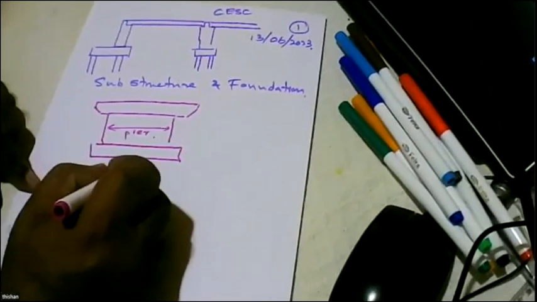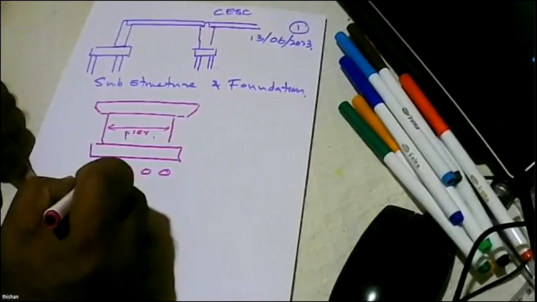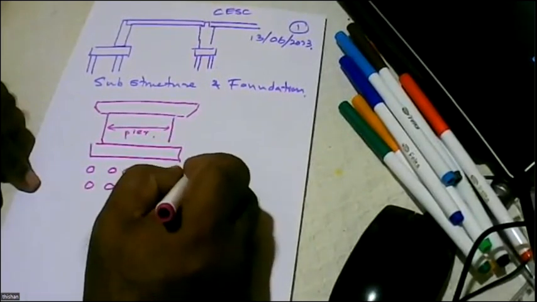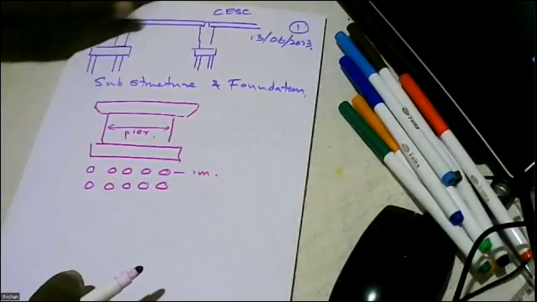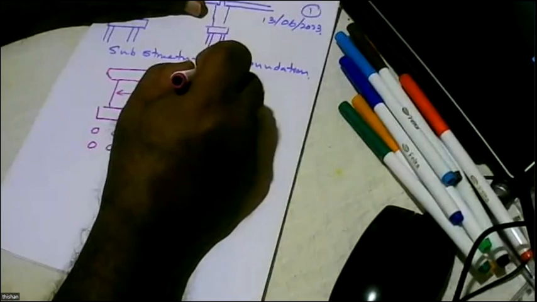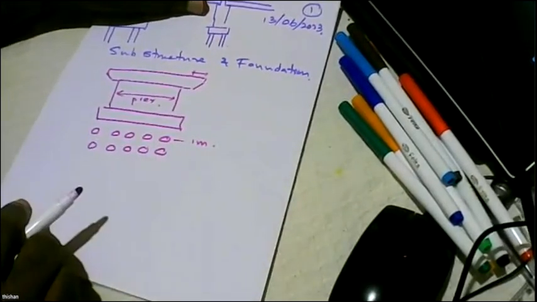They had about 10 piles as far as I can remember, each 1 meter diameter, and the cantilever part is small.